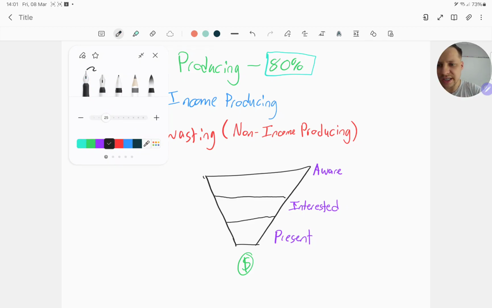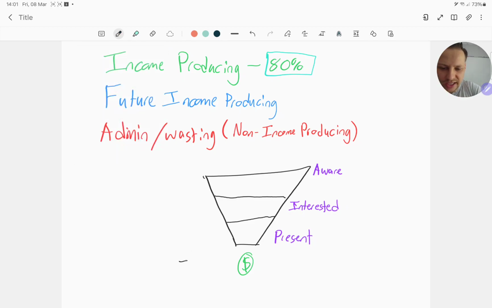When looking at our funnel, we want to start here. We want to allocate our time to the bottom of the funnel and work our way up. We want to first service the people we have closed, to make sure they have a flawless experience with us, and we start racking up social proof points.